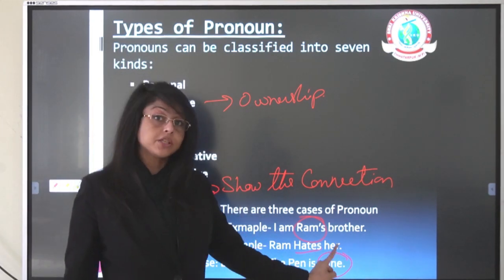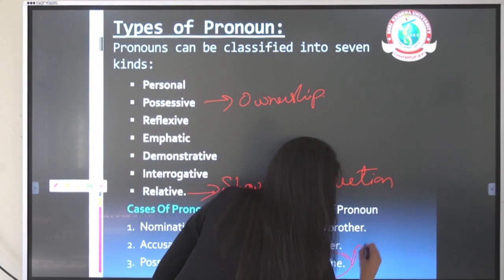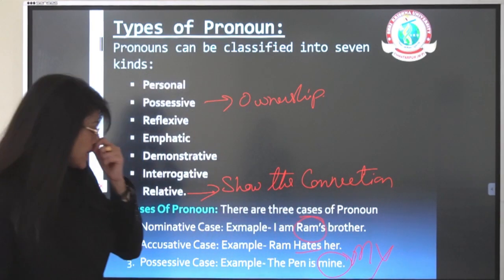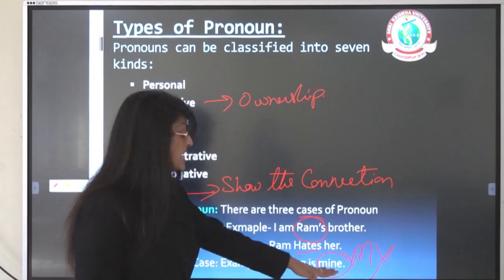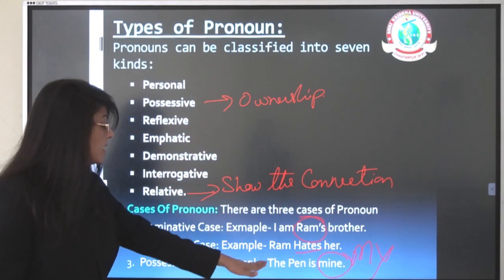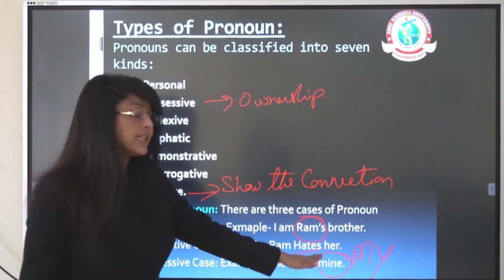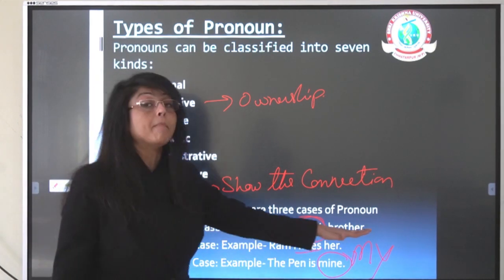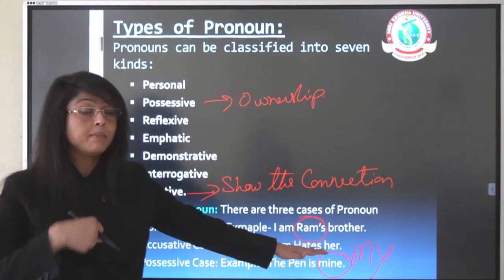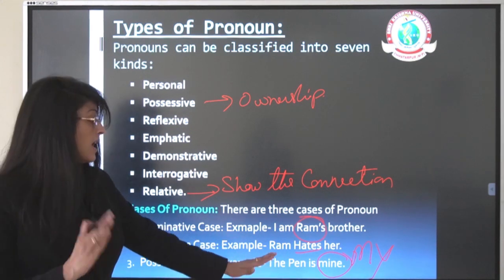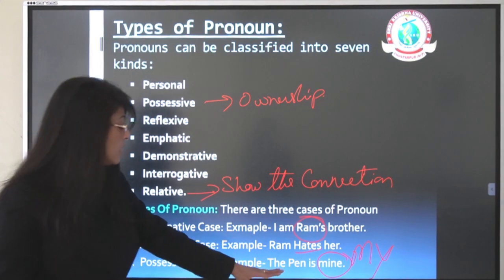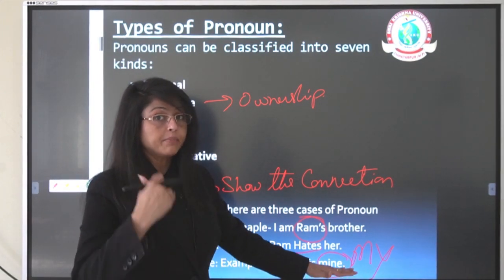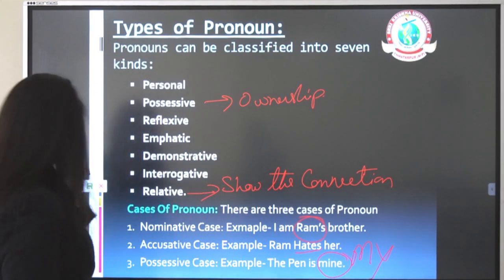What will be the adjective of this pronoun? My. So if I ask you to change this sentence into an adjective, the pen is mine, this is my pen. So my becomes a possessive adjective, and if you want to convert into pronoun, the pen is mine, that becomes a possessive pronoun. Clear?